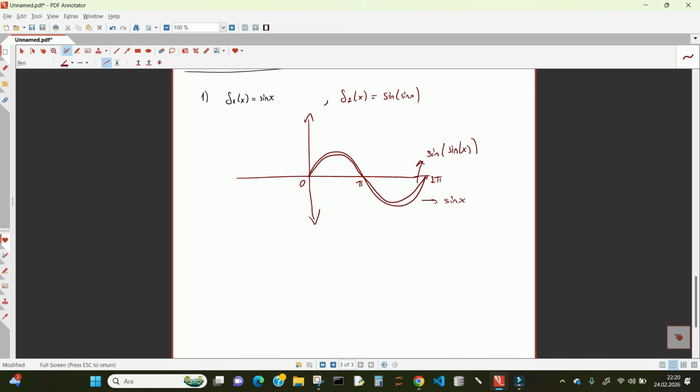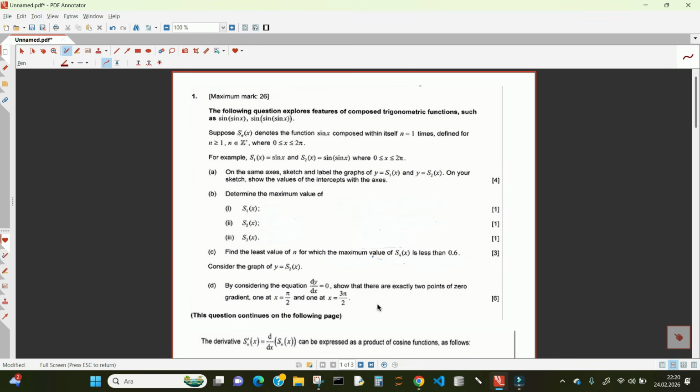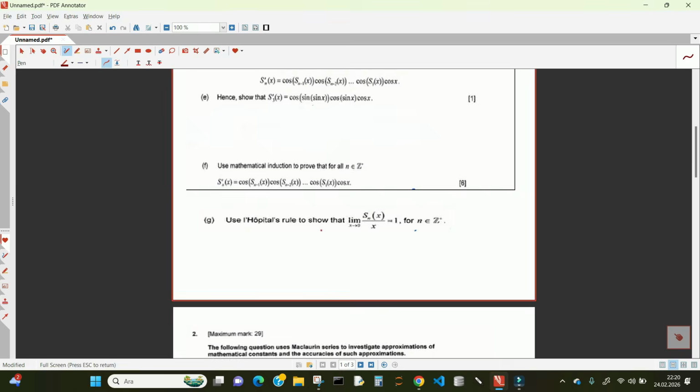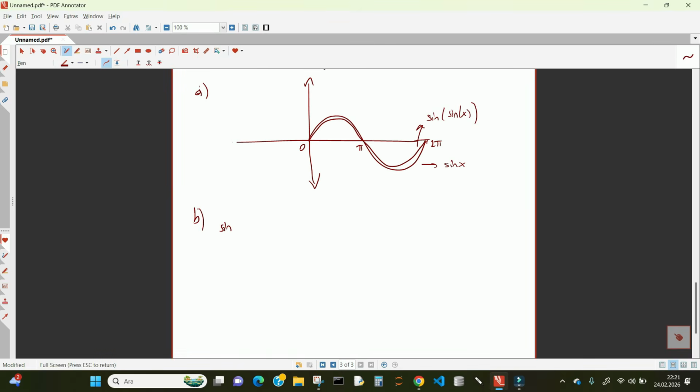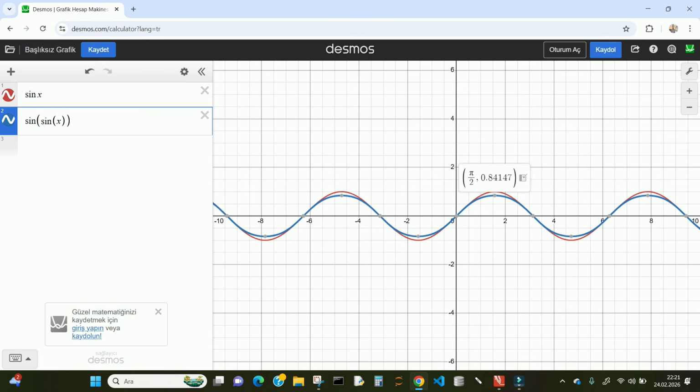The next question: determine the maximum value of S_1, S_2, and S_3. The maximum value for S_1 is going to be 1, right? And for the blue one, it's going to be 0.841.